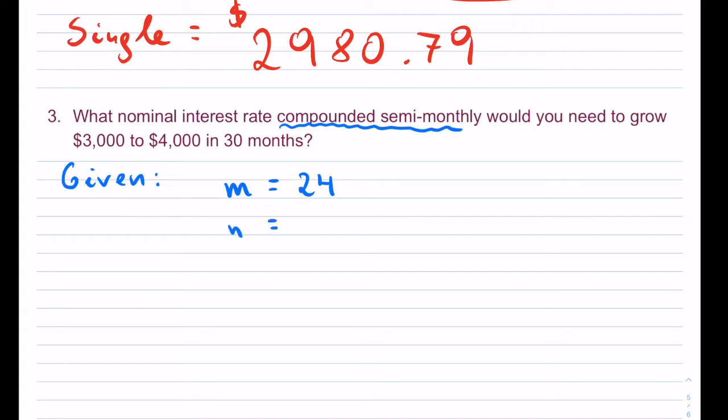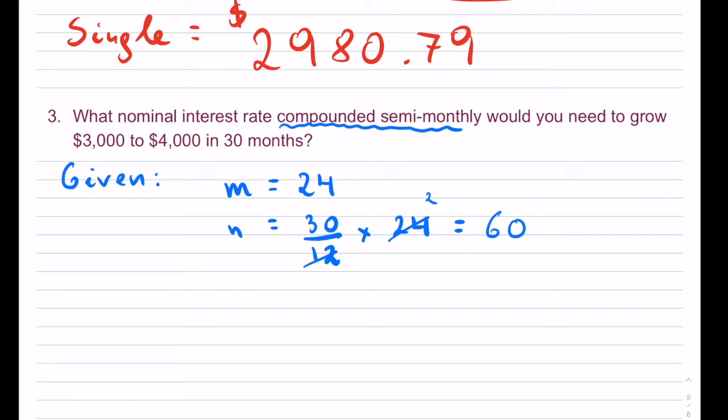N: it says 30 months in total, so 30 divided by 12 gives the number of years, times that. Now notice 12 goes into 24 2 times, so this becomes 60, and that should make sense because it is twice per month. So 30 months twice per month is 60.